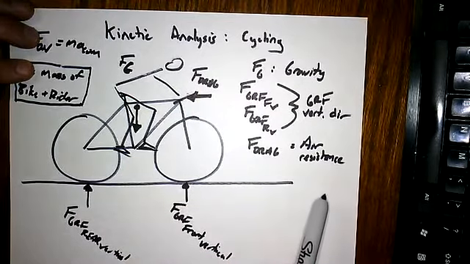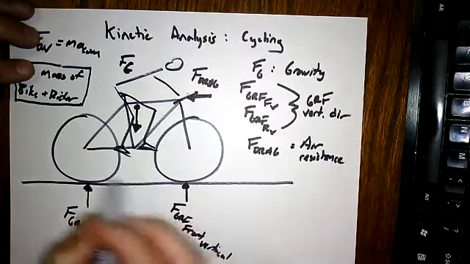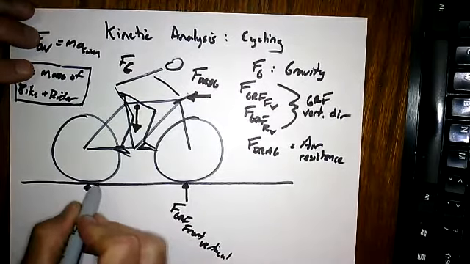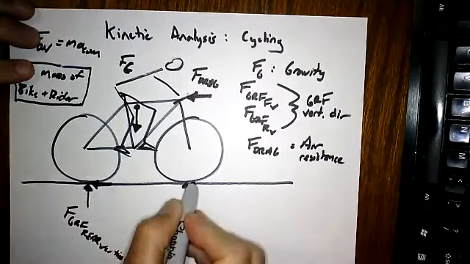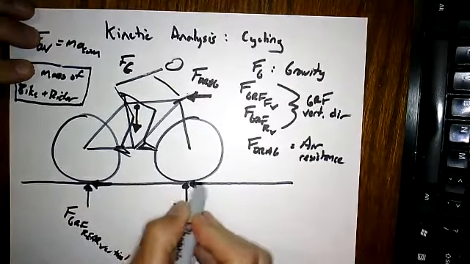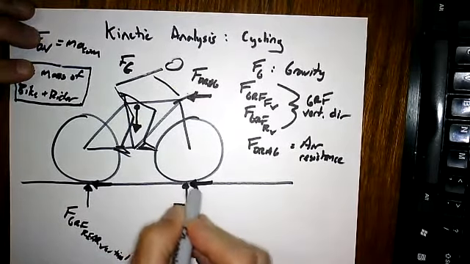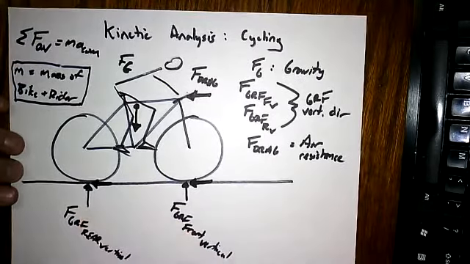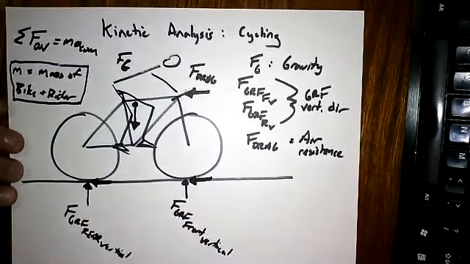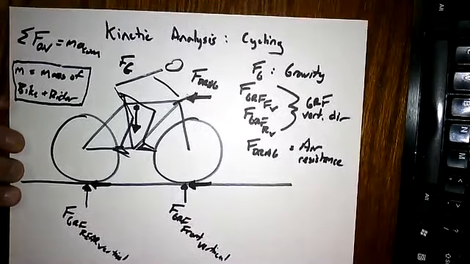There's a couple that are not so obvious. One is I'm going to draw a force vector right here. I'm going to try to make it big so we can see it. And I'm going to do the same thing right here. And what these two are called is rolling resistance. This is the resistance to the wheel rolling over the surface.